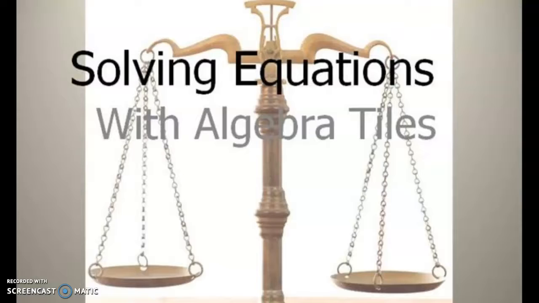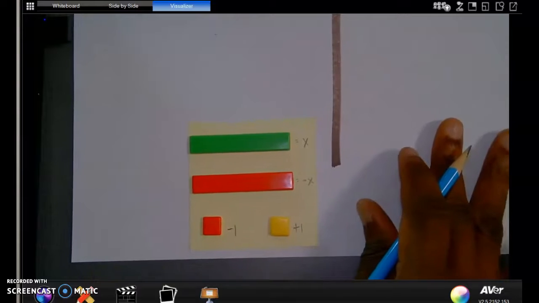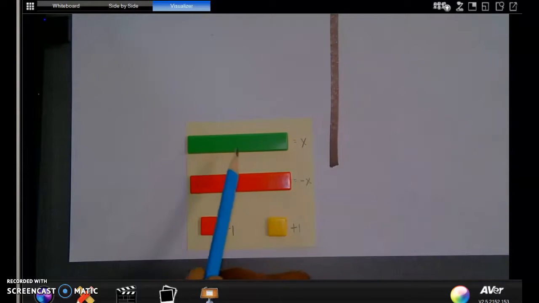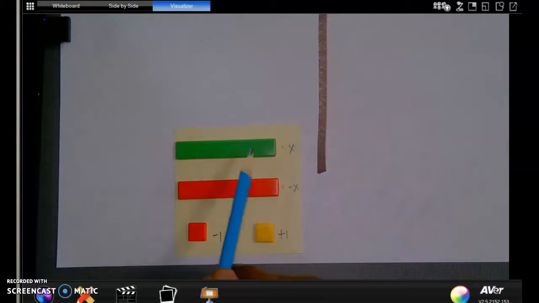First things first, I'm going to show you a key. Again, for those of you who are either new to it or parents who have no idea what the algebra tiles look like, I'm going to show you a key. You can pause this if you need to and write it down. This green rectangle is going to represent X in our case.